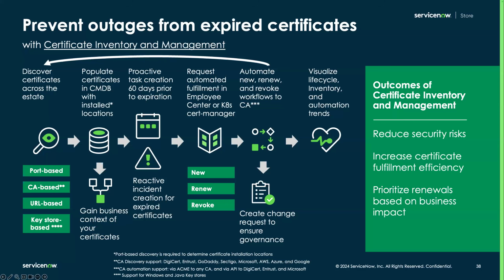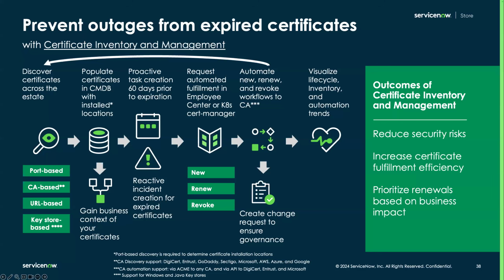Once we have the discovery and then we are gaining business context of those certificates as we populate them in the CMDB, we can proactively create tasks to have a notification 60 days prior to the expiration. And then we can request the automated fulfillment in the Employee Center or Kubernetes Certificate Manager.